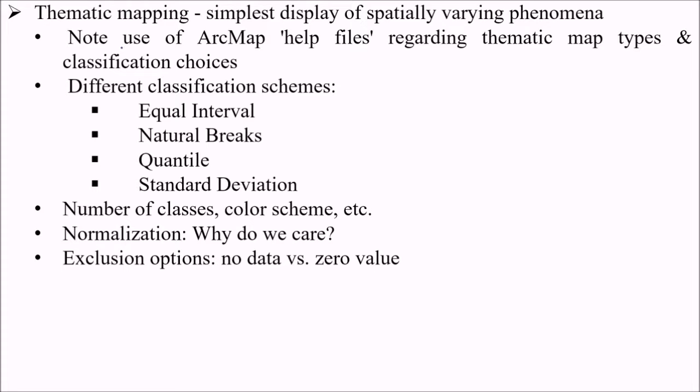Then the thematic mapping. The mapping which is based on some theme. This is the simplest display of spatially varying phenomena. And there are different classification schemes you can use in a theme. Say equal interval, natural breaks, the quantiles, the standard deviation.